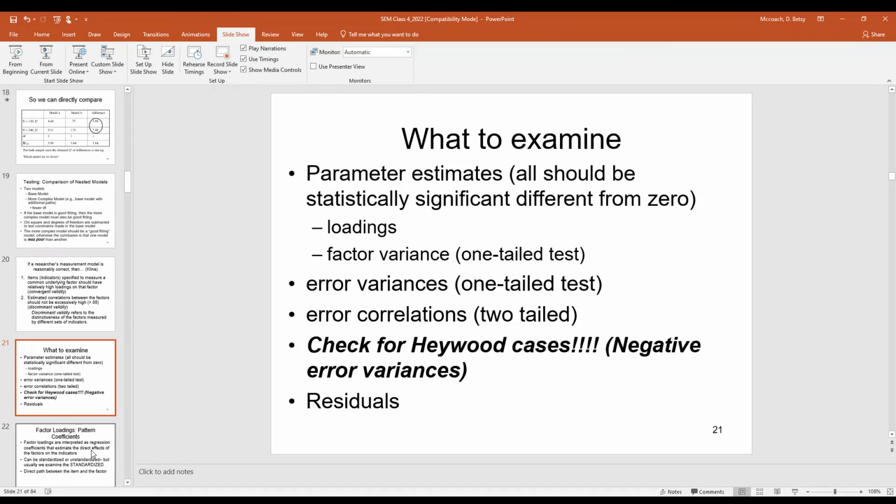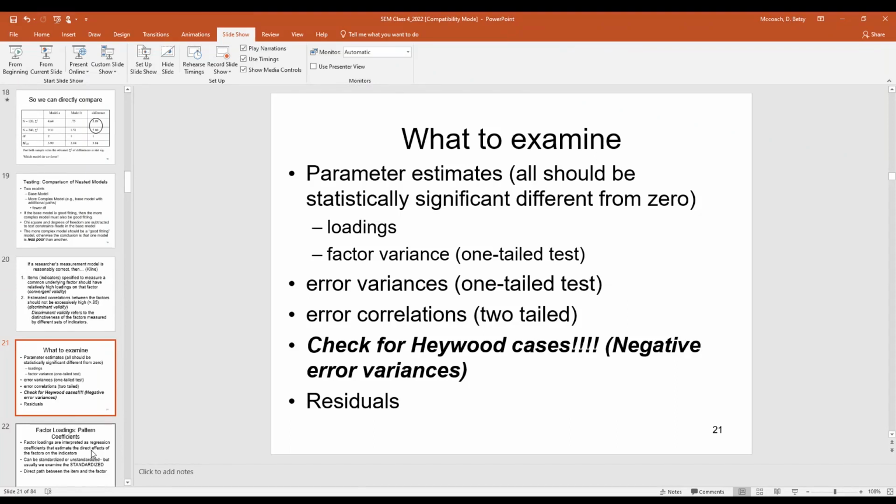Another thing that can happen, and luckily these things don't happen very often, but they can happen, is that you could end up with a correlation between two factors that's higher than one. Not a covariance, a covariance could be anything, but a correlation.